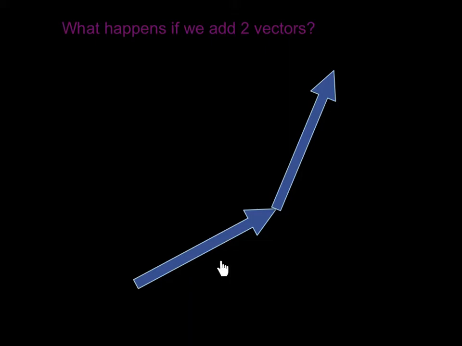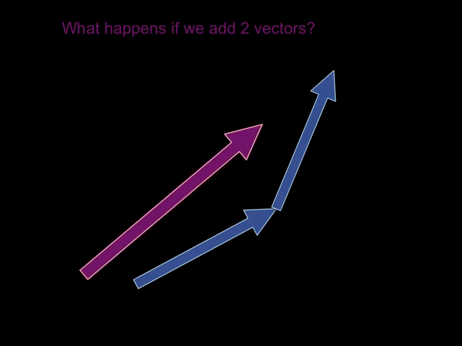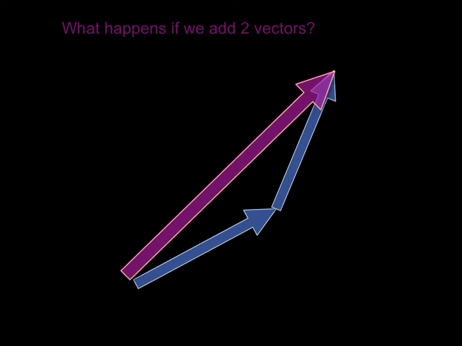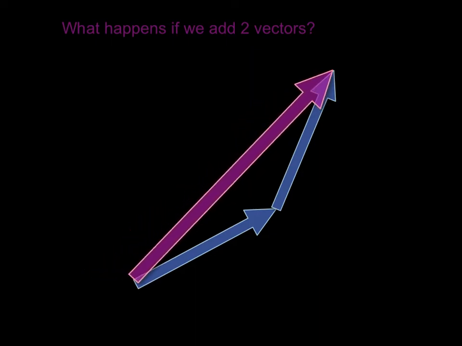If we try and add these two parts of the journey, we could represent the total journey with a different vector that has a total length and its own particular direction.